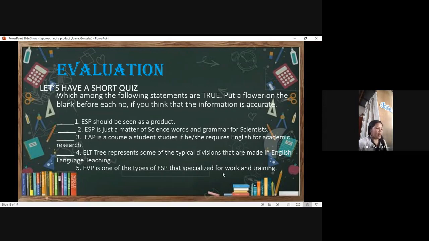Number three, EAP is a course for students who require English for academic research. Number four, the ELT tree represents some of the typical divisions that are made in language teaching. Number five, EOP is one of the types of ESP that specializes in work and training. I give you 5 minutes for this short quiz.